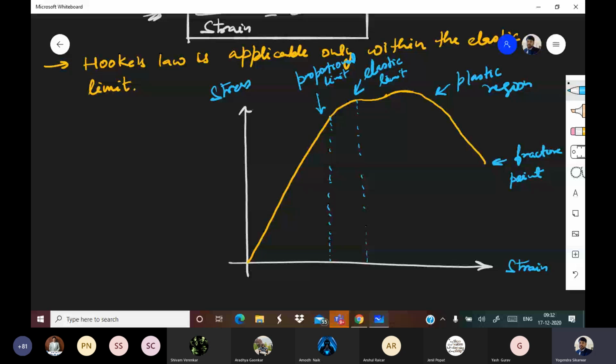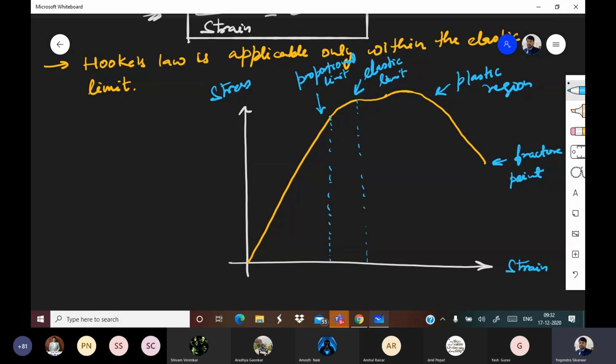But if you go beyond the elastic limit, then the object will not regain its shape exactly. Some deformation will be left in the object, and that region is called the plastic region, because the deformation is now permanent.